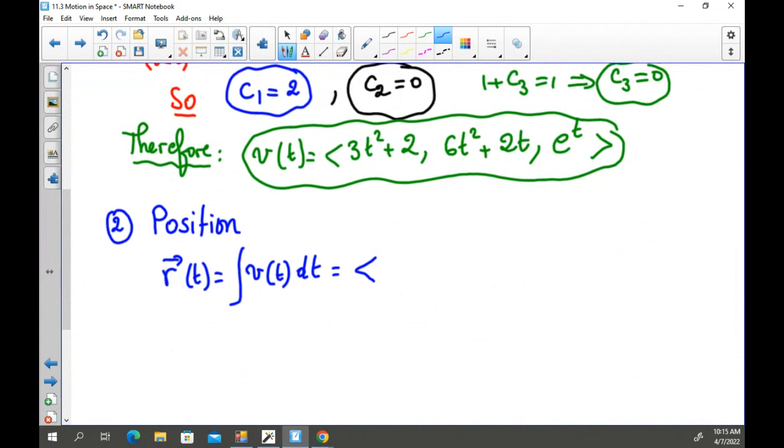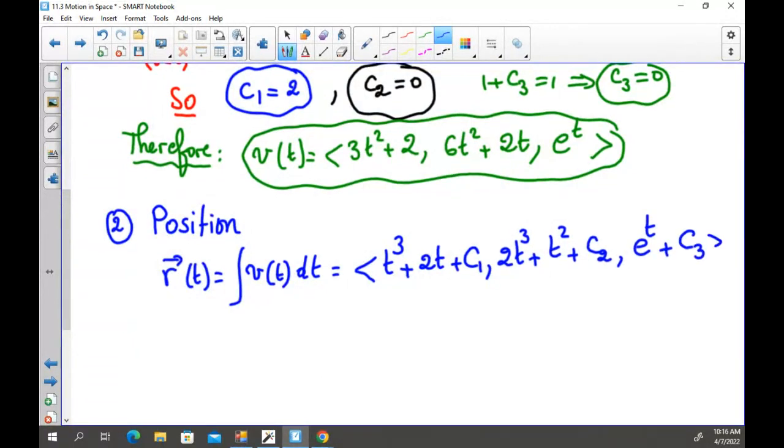So it's going to give us the vector t to the power of 3 plus 2t plus a constant c1, then 2t to the power of 3, so plus t squared plus a constant c2, and then e to the power of t plus a constant c3, like this.